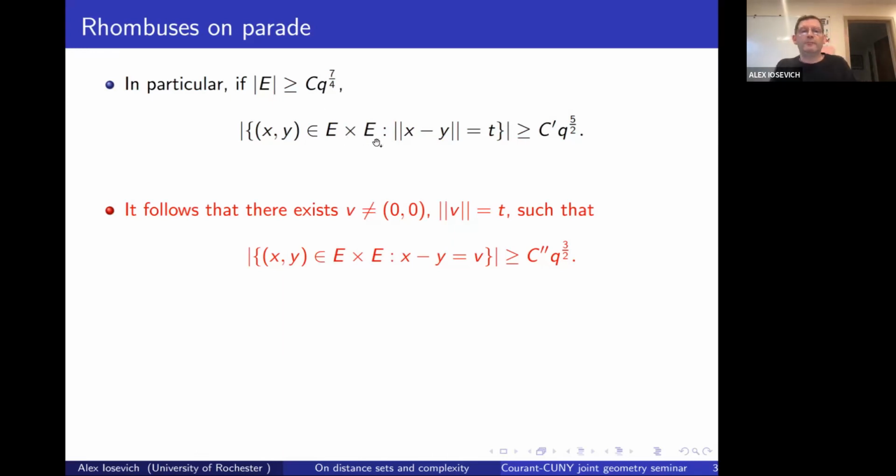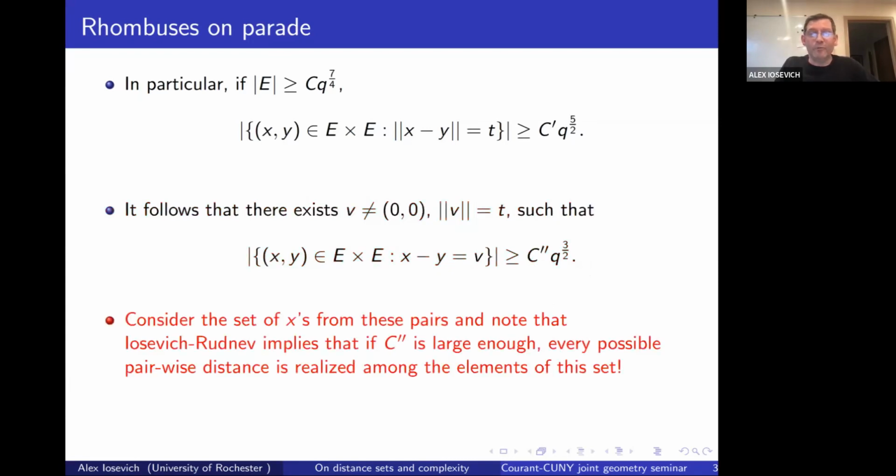Just that when I have to do arithmetic, everybody needs to hide and run. It follows by the pigeonhole principle that there is a non-zero direction v, so that if you look at pairs with x minus y equal to v, and the length of v is fixed to be t, then the number of such pairs is at least a constant times q^(3/2).